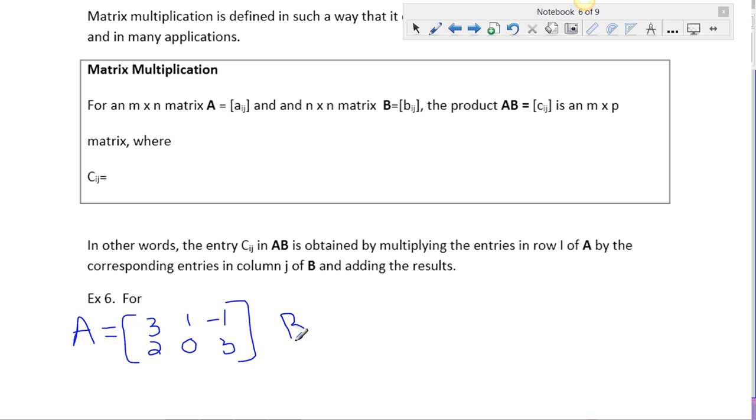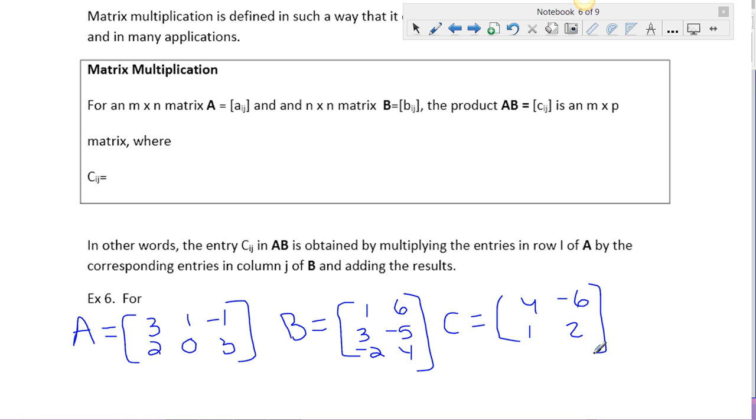And we have matrix B, which is 1, 3, negative 2, 6, negative 5, 4. And we have one more matrix, matrix C, 4, 1, negative 6, 2. So 3 matrices: a 2 by 3, a 3 by 2, and a 2 by 2.